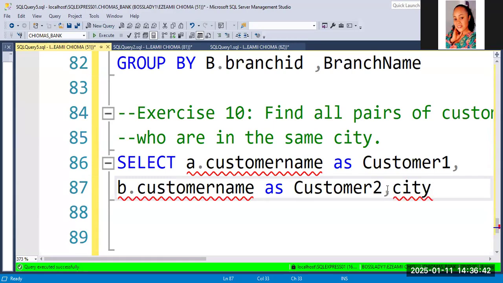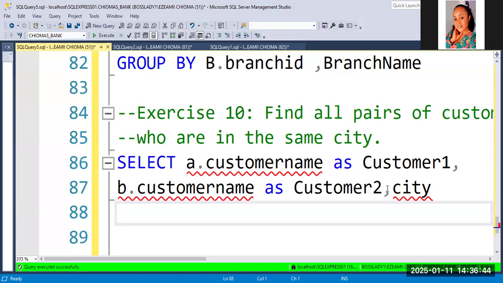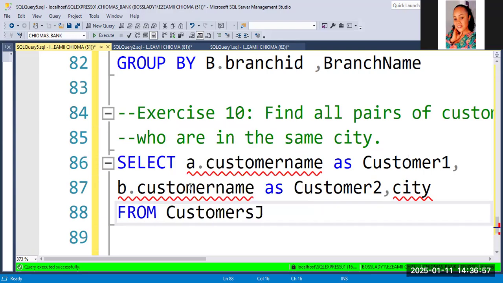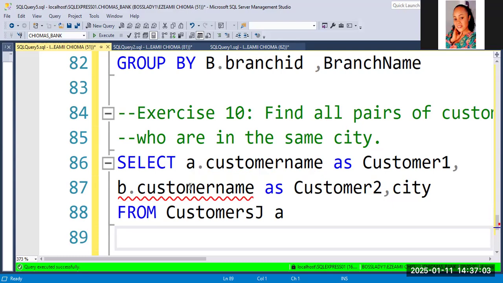All right. So we're selecting from the customers table, and we are joining on the same table. That's self-join. We name this as A table, inner join, because we want pairs of customers who are in the same city.